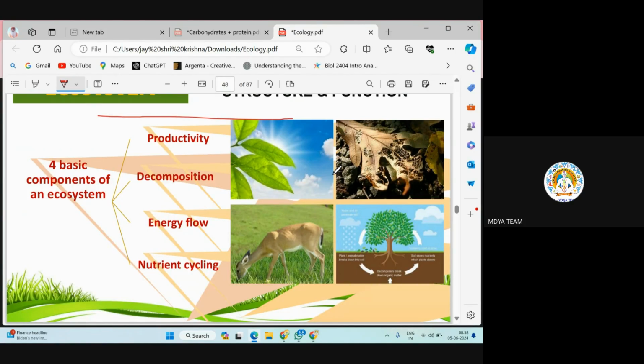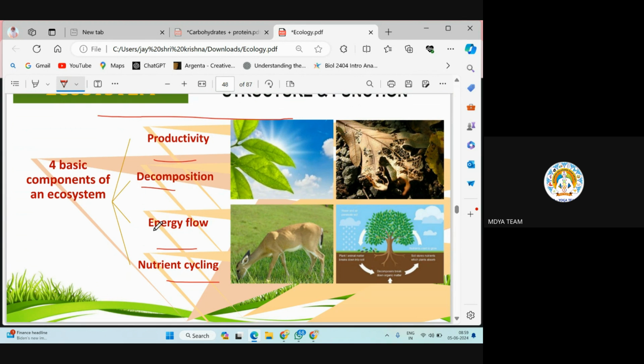There are four basic components of an ecosystem: productivity, decomposition, energy flow, and nutrient cycle. These are all very important in order to sustain a system. Productivity means there should be plants producing food with the help of sunlight. There should be some source of food.